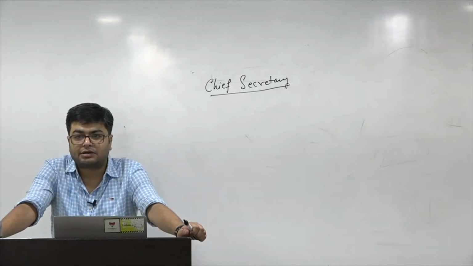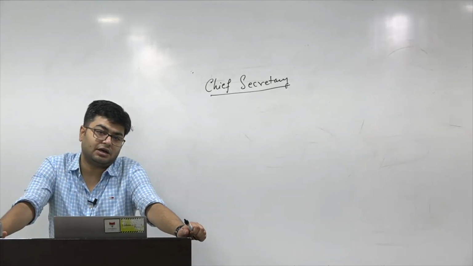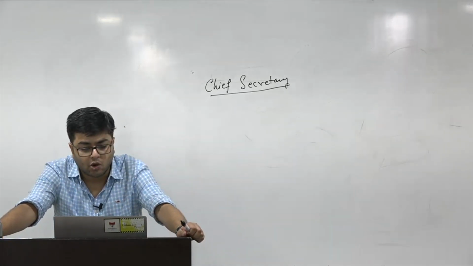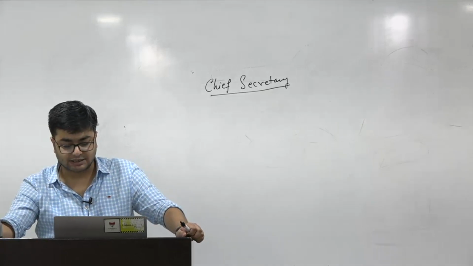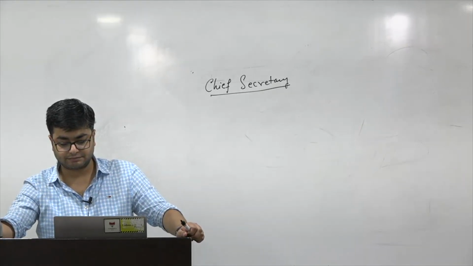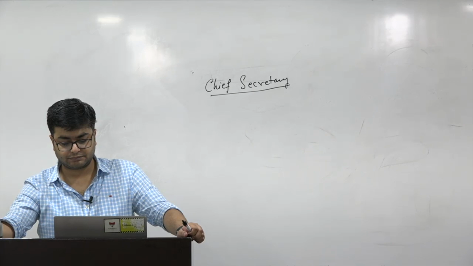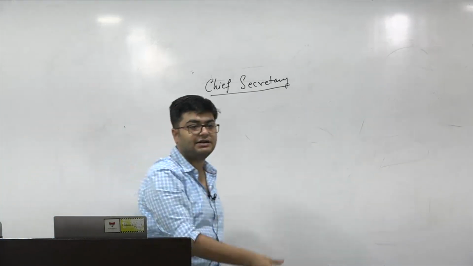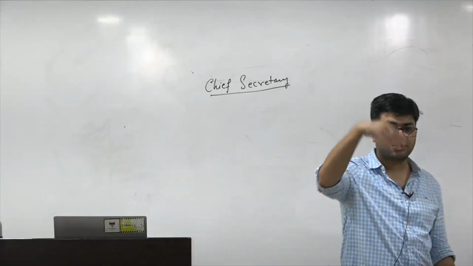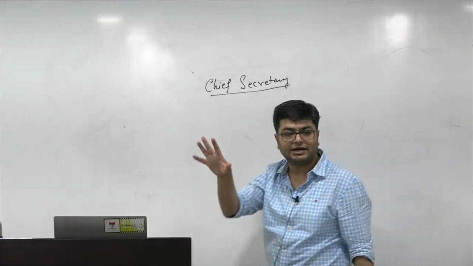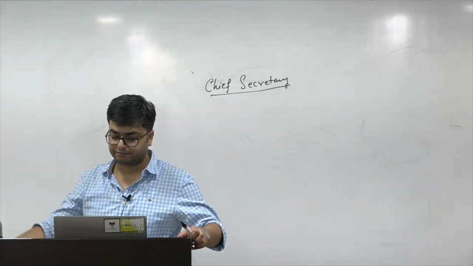So in actual practice, the way the Chief Secretary operates in the state, no analogous entity exists at the central level. Because the way you have the central secretariat at the union level, you have no such entity at the state level.